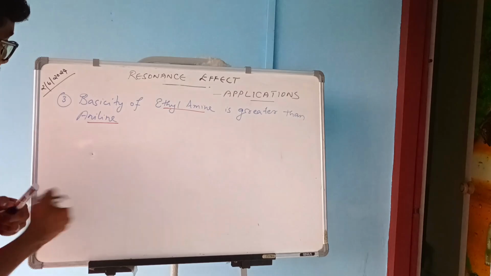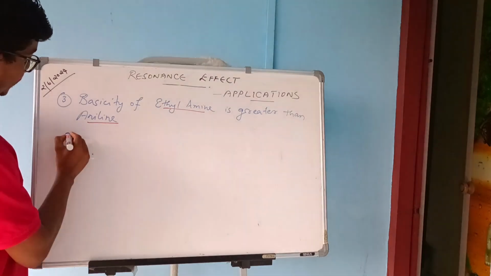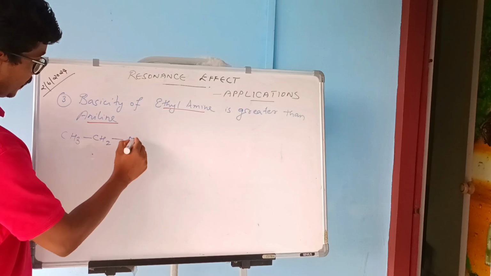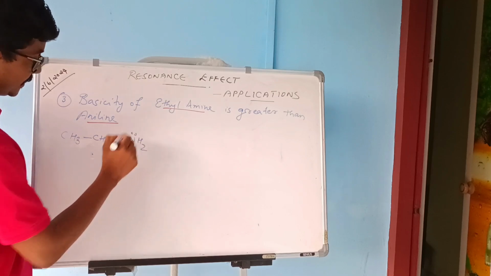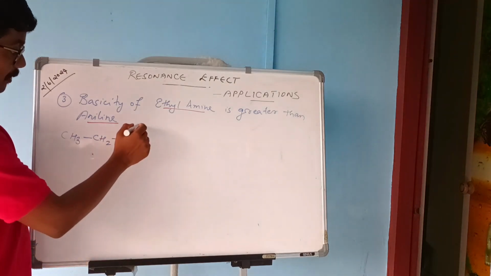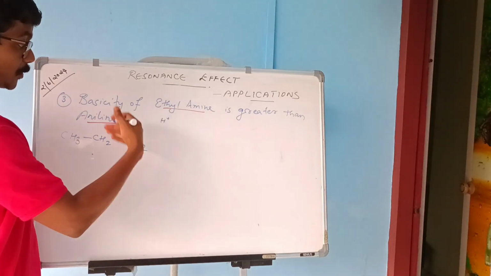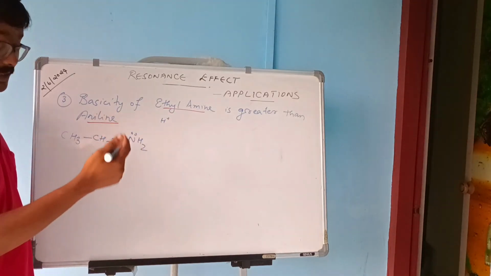So ethylamine is CH3CH2NH2. This lone pair is readily available for protonation, to accept a proton, so it is highly basic.